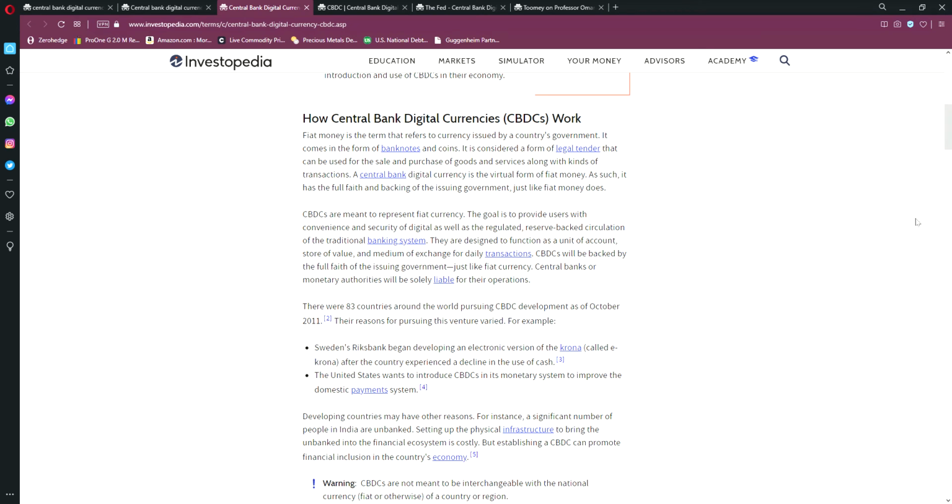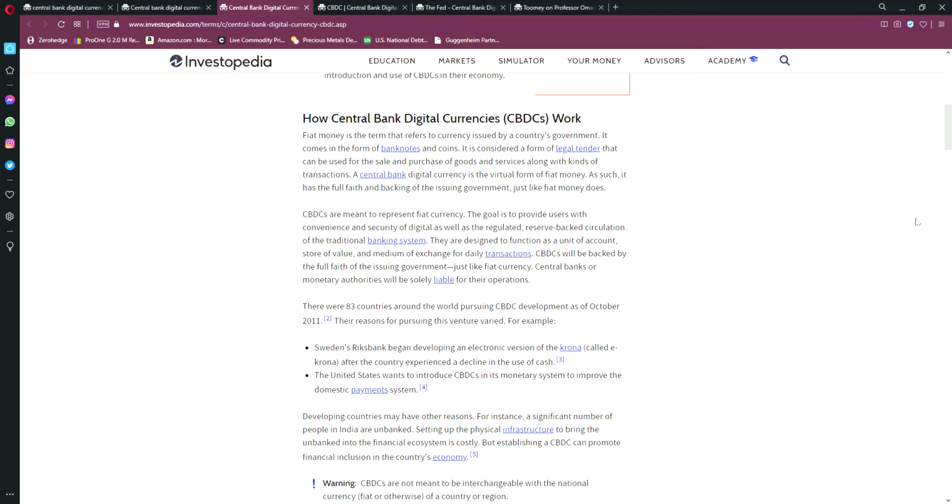So, fiat money is the term that refers to currency issued by a country's government. It comes in the form of banknotes and coins. It is considered a form of legal tender that can be used for the sale and purchase of goods and services along with other kinds of transactions. A central bank digital currency is the virtual form of fiat, I'm going to say currency.